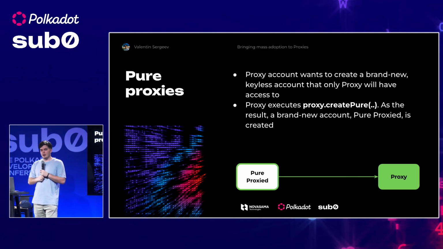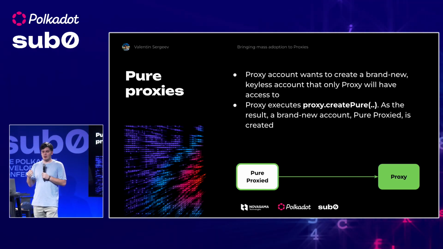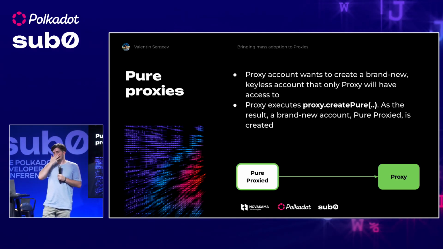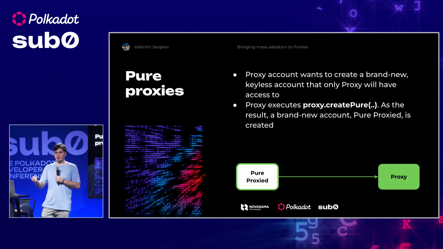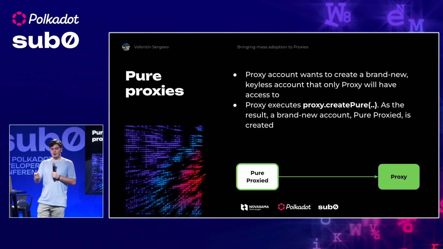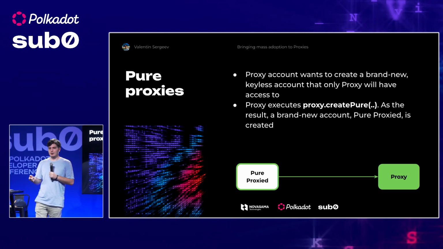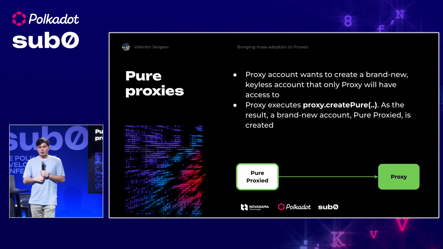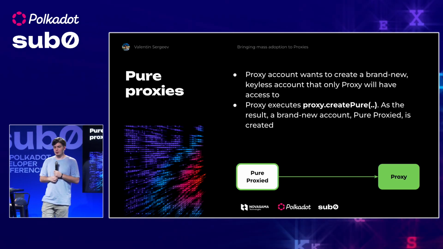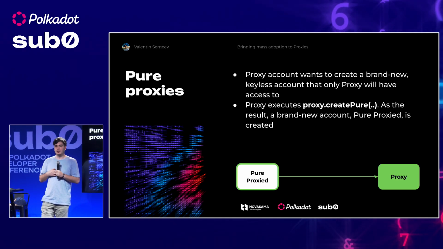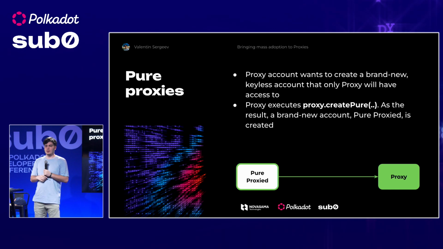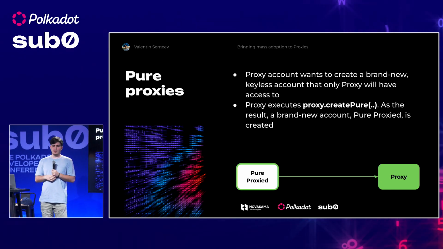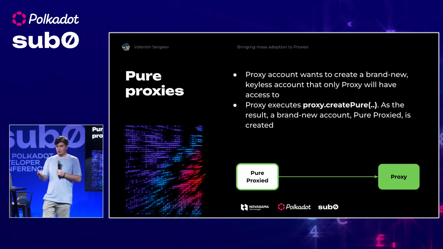And note that you specify the permission type. But I highly encourage everyone doing so to always start with the any type, because otherwise you won't be able to properly manage the pure proxy. As mentioned before, a non-transfer might be able to do it too, but I'm not sure.